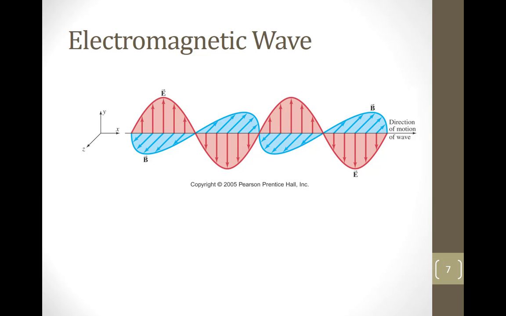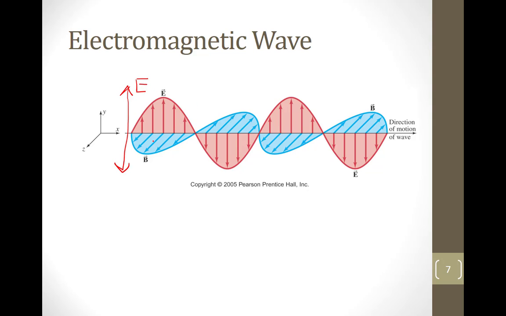And regrettably, it is one of these situations where you're trying to display a three-dimensional phenomenon on a two-dimensional screen. So what they're trying to show here is the red is the oscillation of the electric field. And if you think about that oscillating in the plane of the screen up and down, so the electric field is oscillating this way.